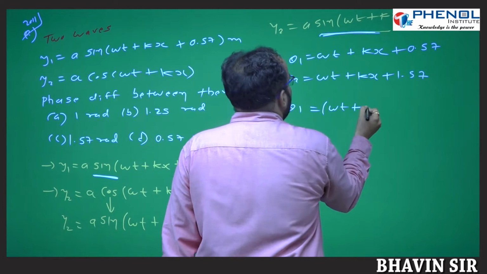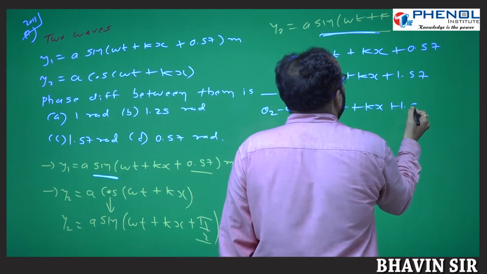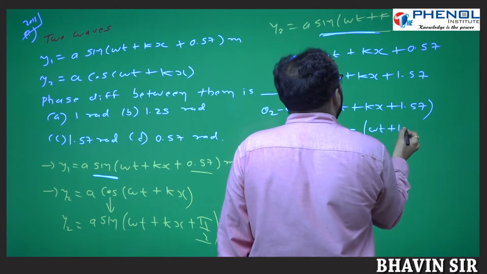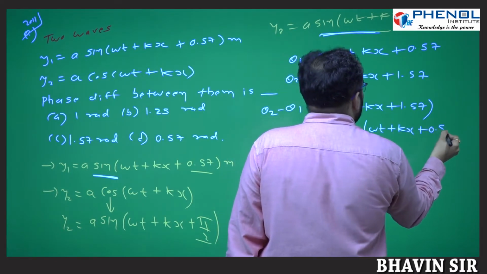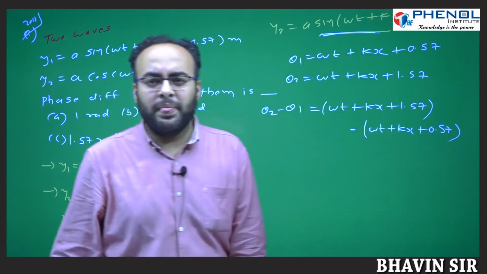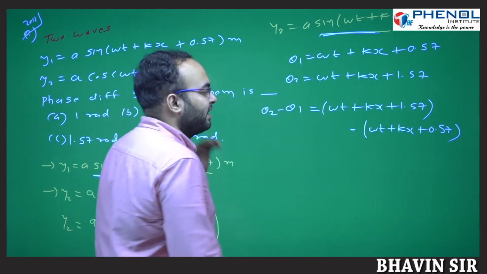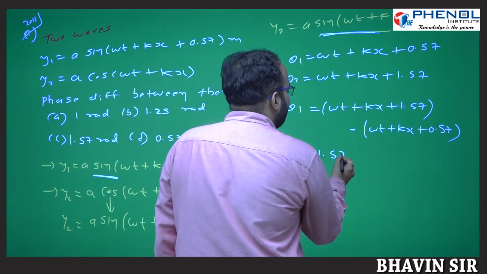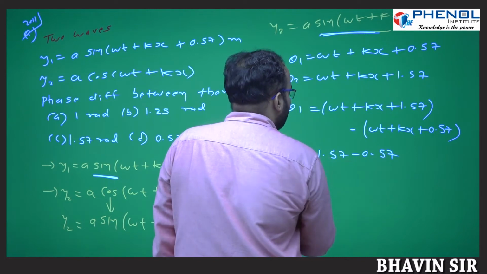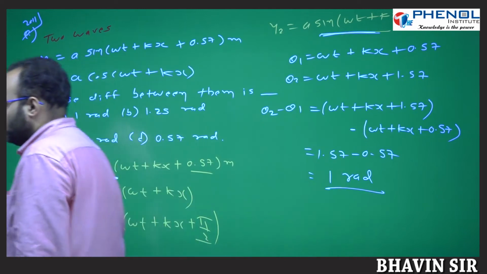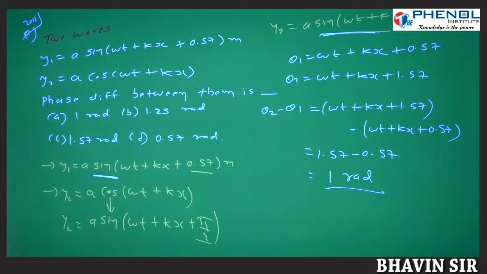So (omega t plus kx plus 1.57) minus (omega t plus kx plus 0.57). If we open the bracket, then omega t minus omega t cancels, kx cancels. So 1.57 minus 0.57. So what is the answer? 1 radian. Okay, what is the answer students? 1 radian.